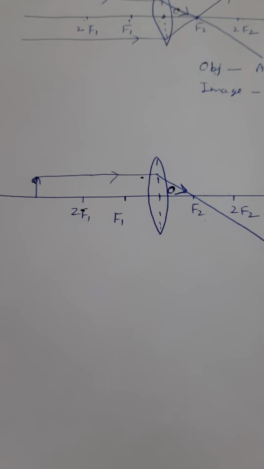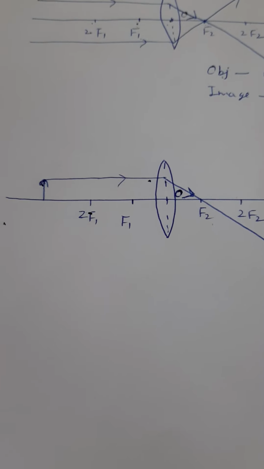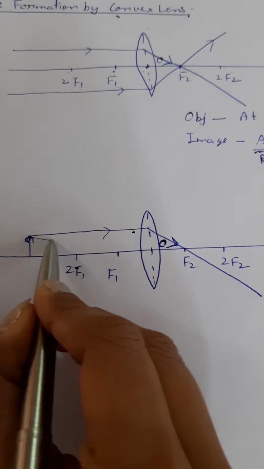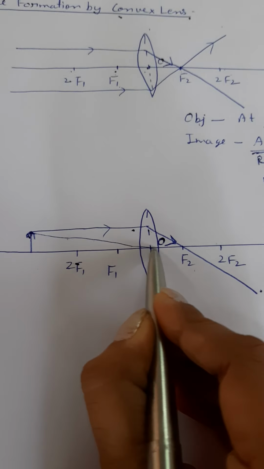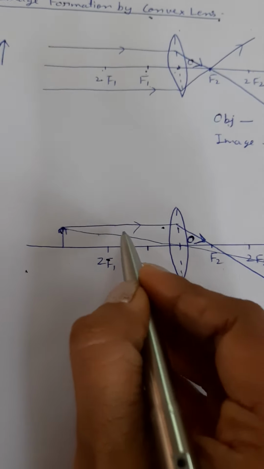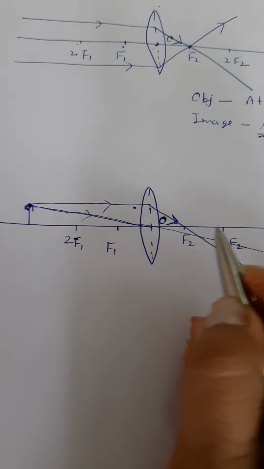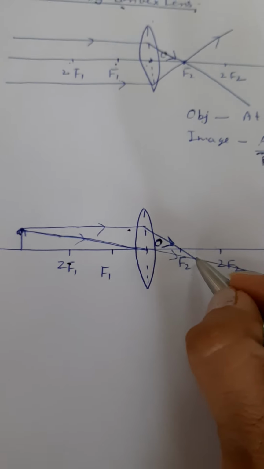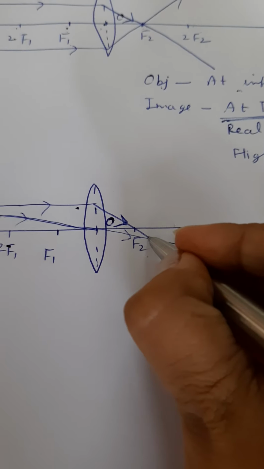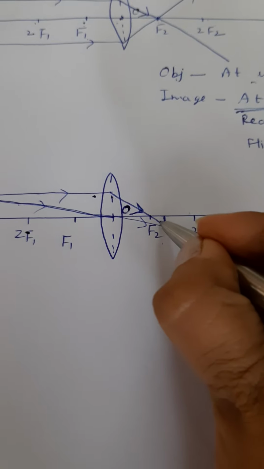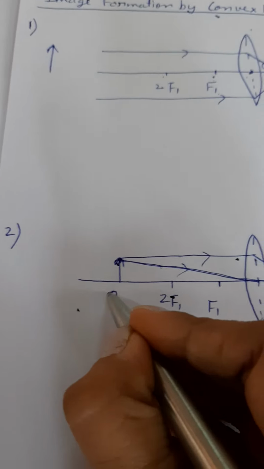The ray which is passing through the optical center will remain undeviated from its path. So you can draw like this. As you are drawing with the help of a scale, it should be a straight line. This is the refracted one. So where they are meeting exactly, this is the point. Here we will get the image. This is the object and this is the image.